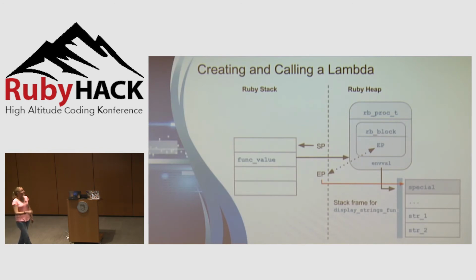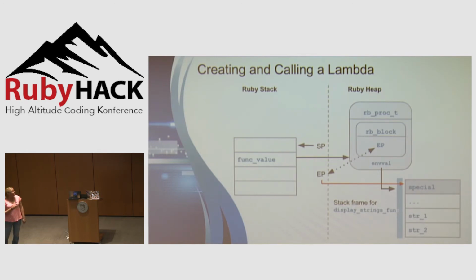And that explains why the Lambda can print out the values for these variables long after the stack frame over here got wiped off the stack. So that's everything that happens when the Lambda is created.